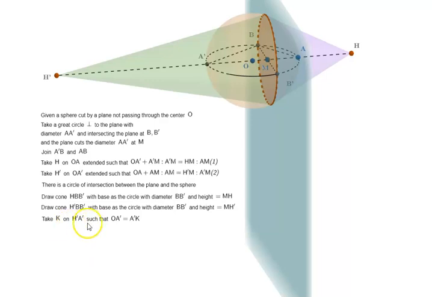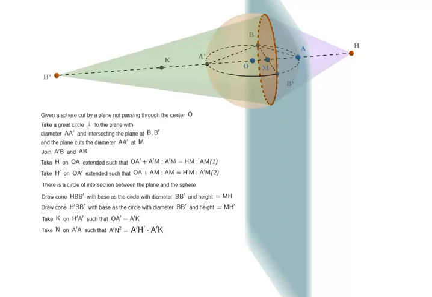Take K on H'A' such that OA' is equal to A'K. Take N on A'A such that A'N square is equal to A'H' times A'K. So again, we have A'H', we have A'K. So we have to find AN, which is pretty straightforward.